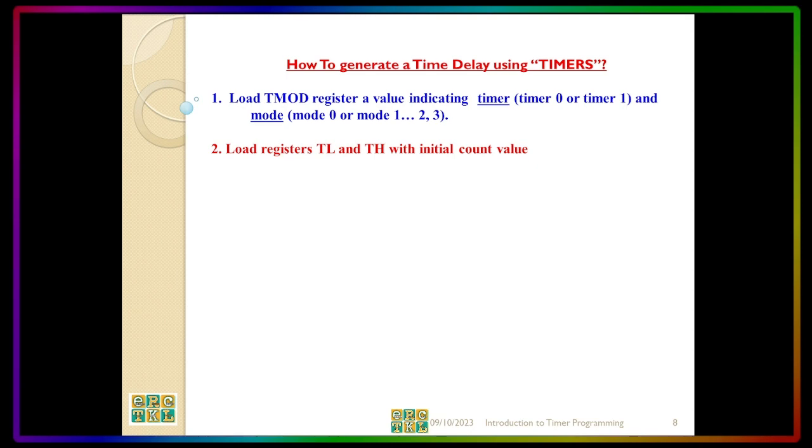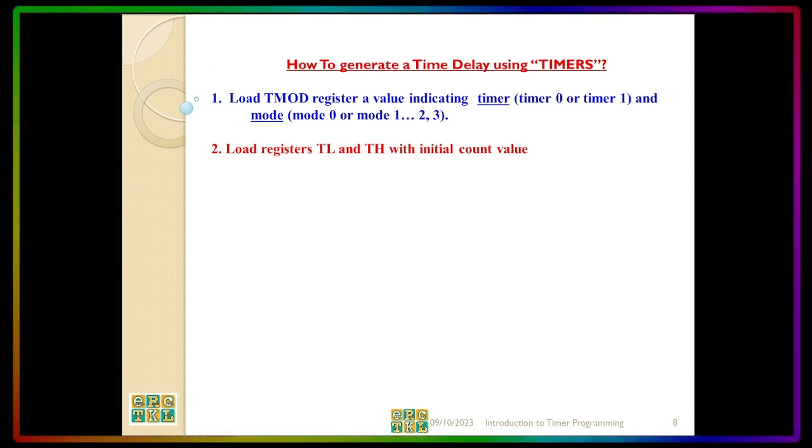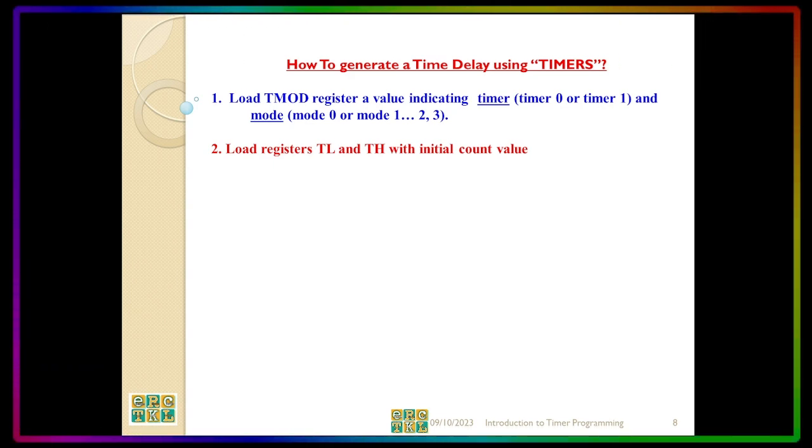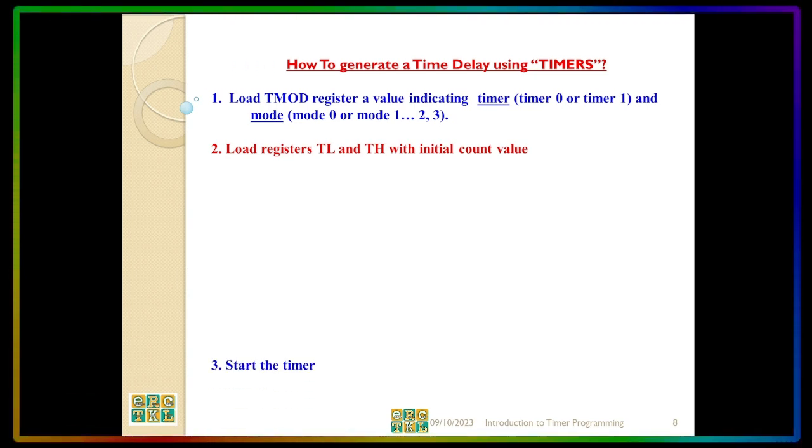The second step is to load the registers TL and TH with initial count values. Of course, it depends on your programming, but if we are using C language, we prefer to write these in hexadecimal numbers, so we put hexadecimal numbers into TL and TH.